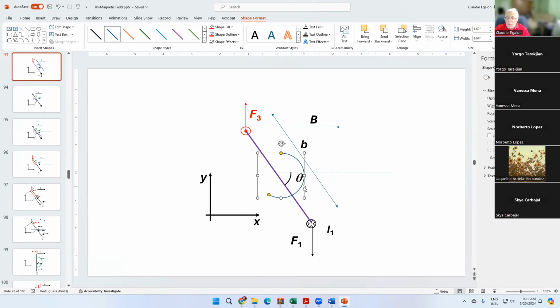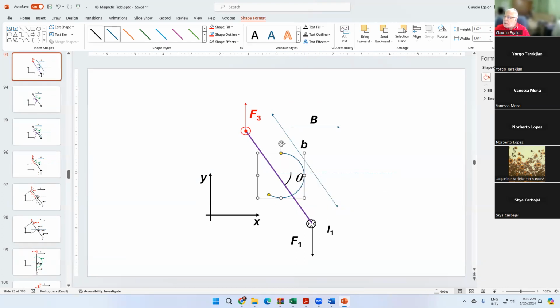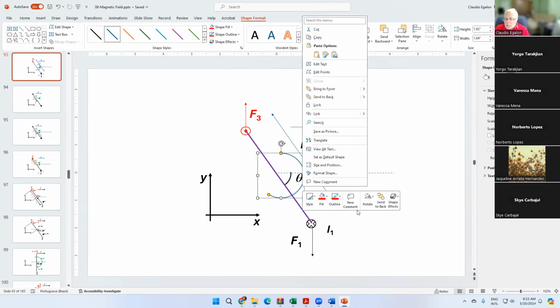I'm trying to put an arrow here on this one. There's a way to do that. I can't seem to find it.